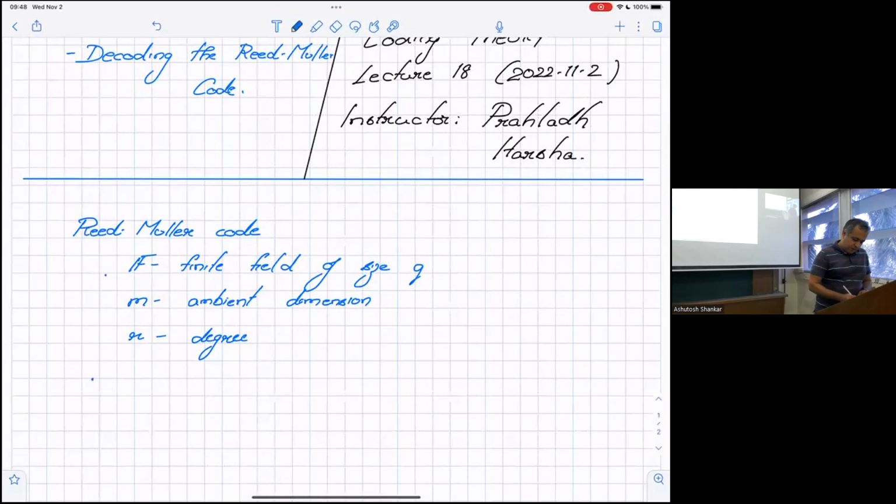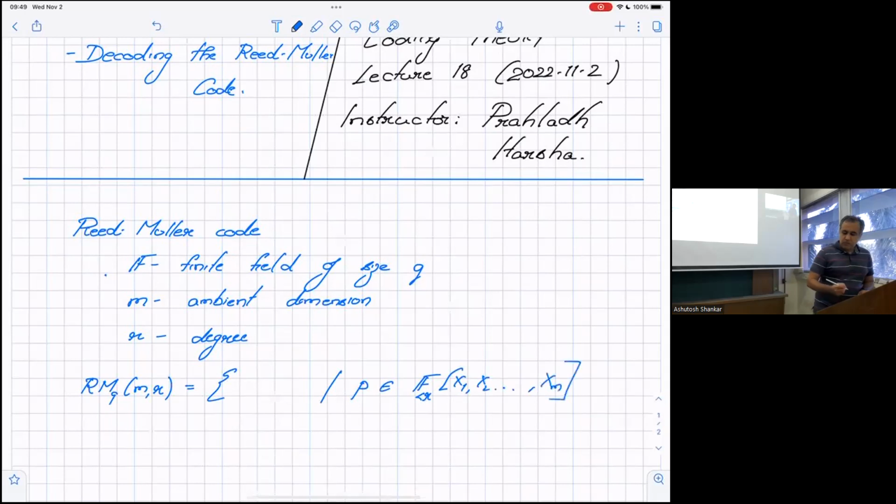For RM_q(m, r), you take all possible polynomials over the field of degree at most r in m variables, and use the evaluation of the polynomial on the entire set.